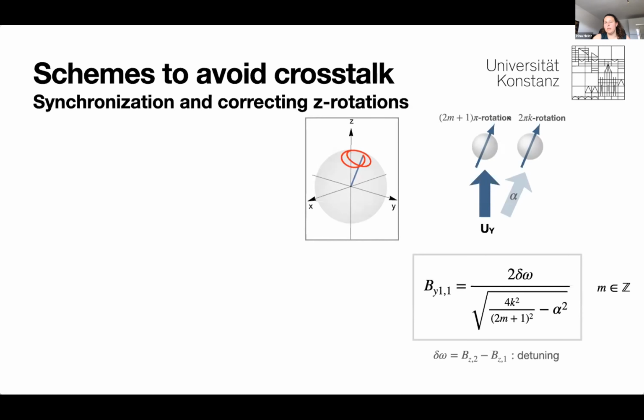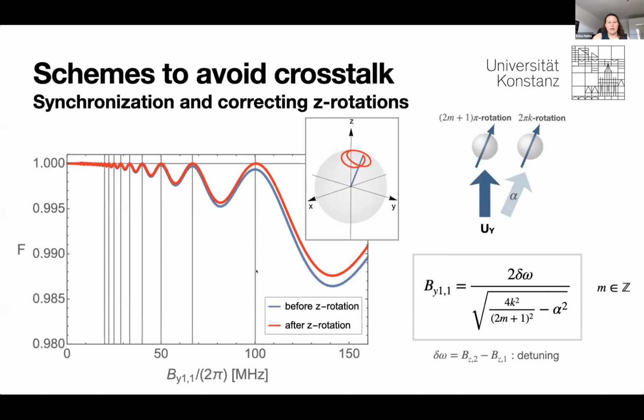That means we perform 2 pi k rotations on this second qubit, and we can then derive an expression for our driving strength, which is dependent on our alpha. And now we can look at the fidelity again. So the fidelity, depending on our driving strength, is given with the blue line here. This is the fidelity we saw before.